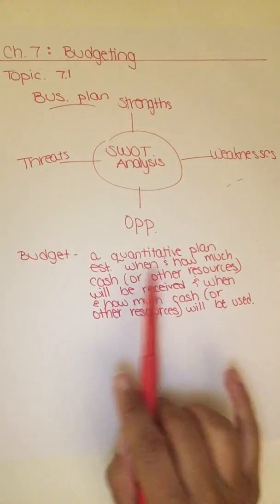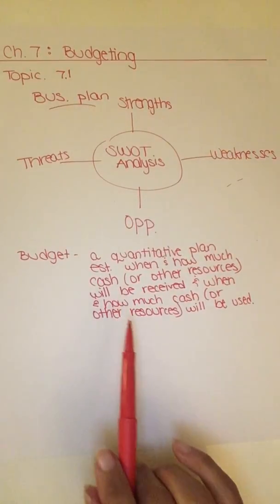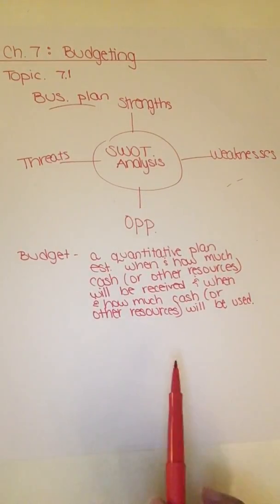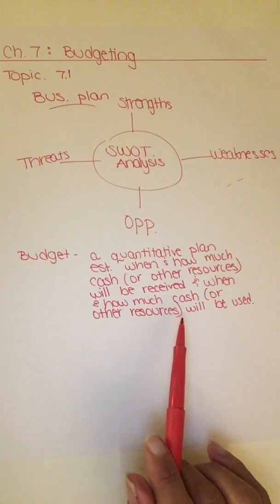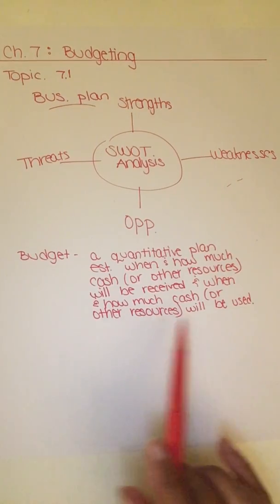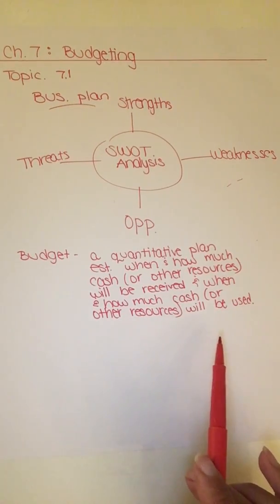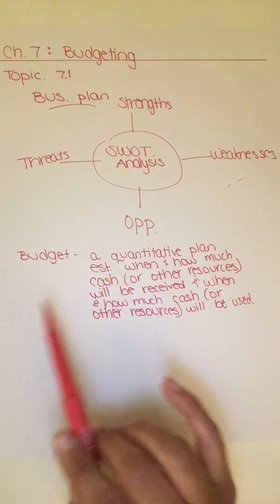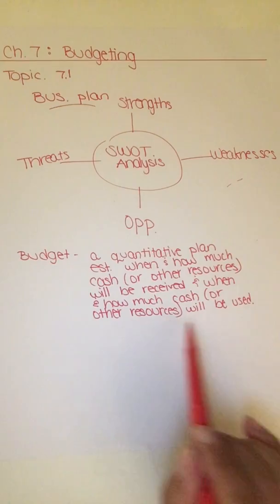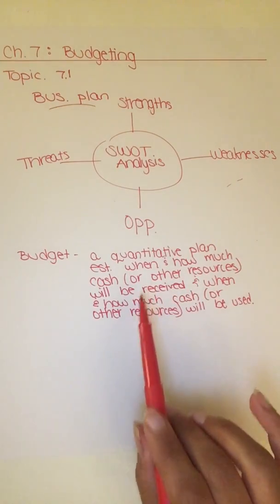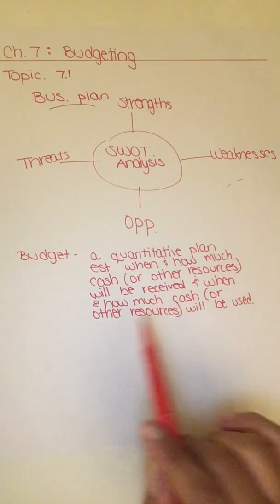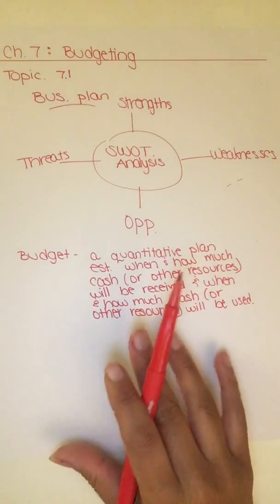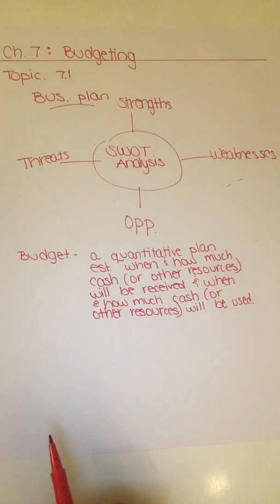It's a monetary or quantitative plan that's going to predict when and how much cash or other resources the company will be receiving, and when and how much cash or other resources will be used, right? So maybe we see an area for growth, but it means that we have to invest money. We have to use up cash in order to gain new equipment to meet new demands, right? So it's a plan to help management with their responsibilities.